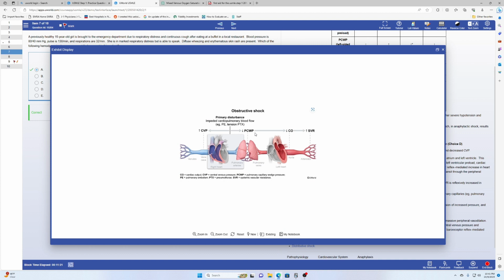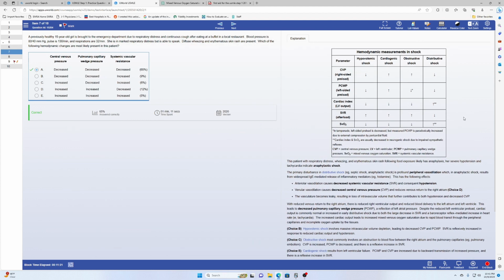The PCWP is low and CVP is high, but in tamponade, the obstruction is actually right here, and that's why the PCWP is high. So you can make cards for that too. In obstructive shock, this is what happened, but in cardiac tamponade, this is what happened. Why? See, focus on why. Focus on the difference. That's really just the key.